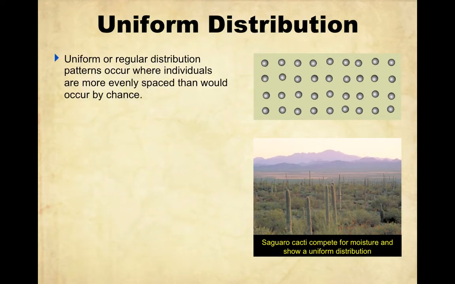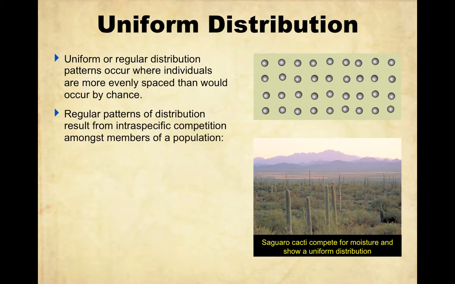So uniform distribution occurs where there's a lot of competition. Okay, so the saguaro cactus highly compete for moisture, and so it's pretty uniform. You want to maximize the number of your species without making it hard for members of your own species to survive.